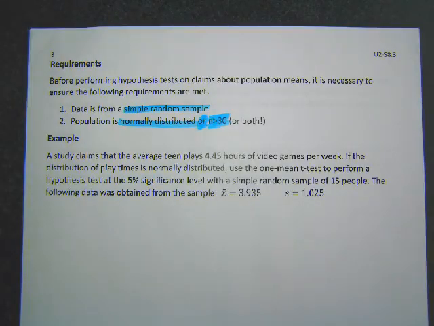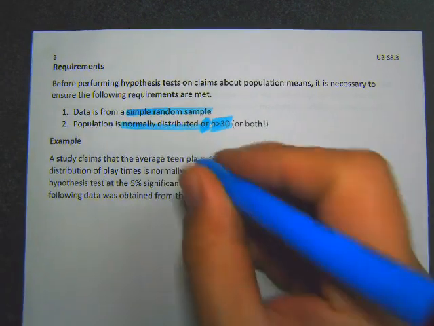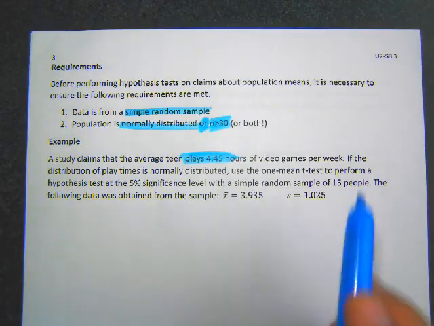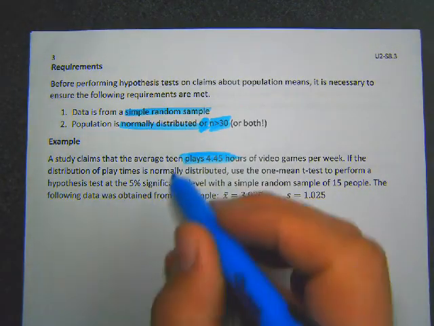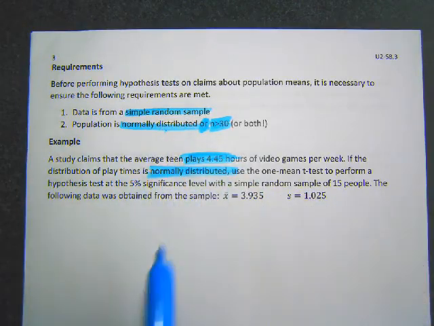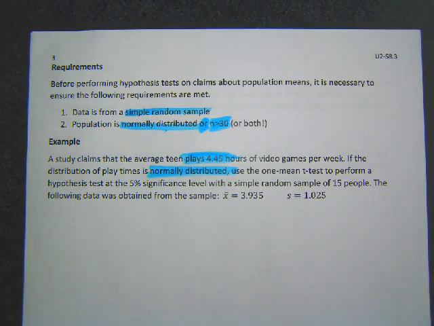This next one, let's see what it says. It says the study claims the average teen plays 4.45 hours of games per week. So that's their claim, the average of 4.45. If the distribution of play time is normally distributed, so the data is normally distributed, which means yes, the requirements are met. As soon as we know the data is normal, we don't have to worry about anything.